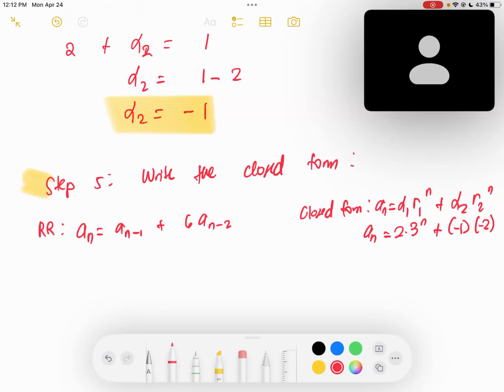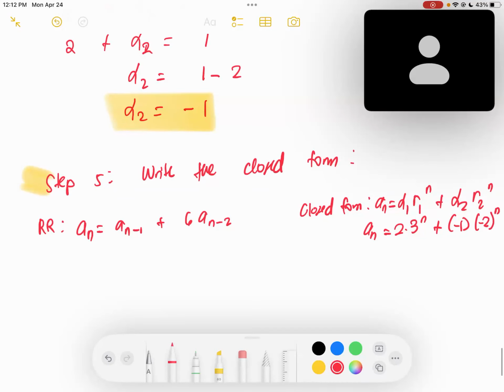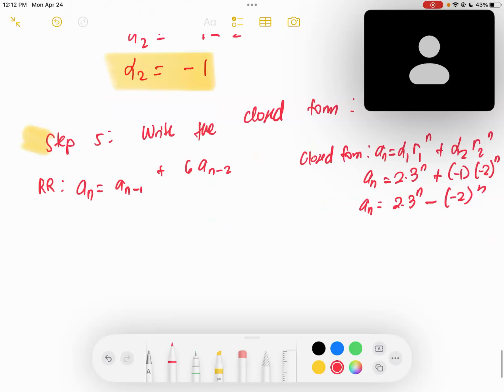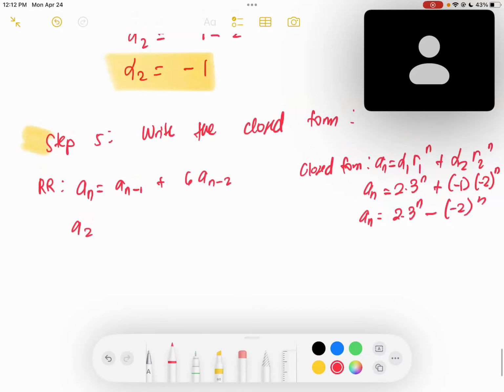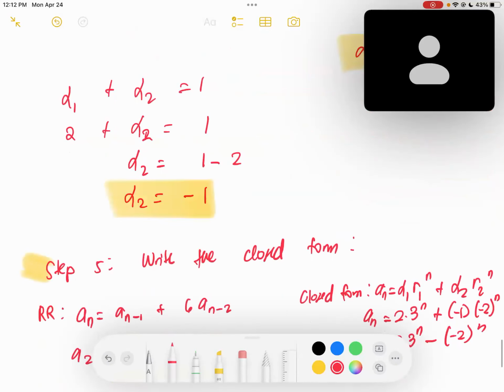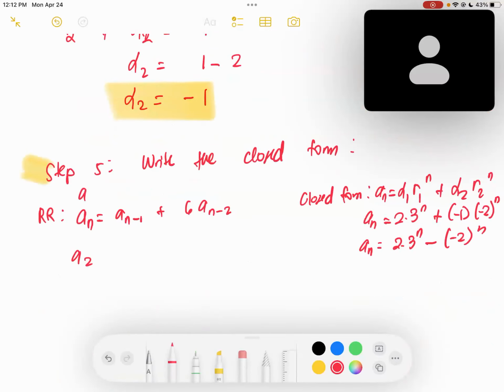So ito yung kinuha natin: r1, r2 from step 3, and alpha 1 and alpha 2 from step 4. Okay. And we can further simplify it. So 2 times 3 raised to n minus negative 2 raised to n. So let us try to verify. Ulit, yung initial condition: a0 is 1, a1 is equal to 8.